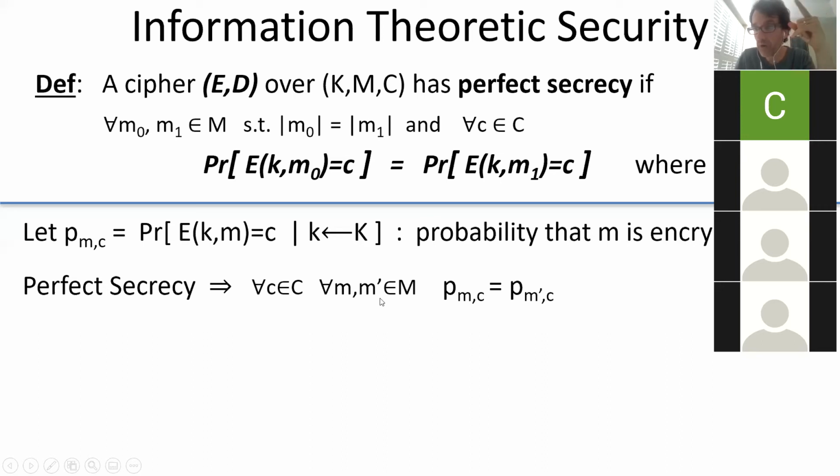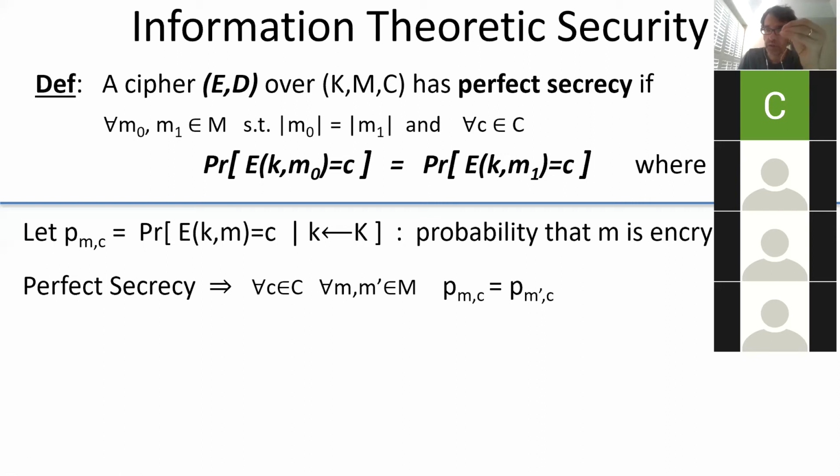So that means that if you have a game where an encryptor has some message and gets a key and encrypts it, if he starts with M, the distribution of ciphertext that you see is a PMC function. If he starts with M prime, it's a PM prime C function, PM2C, PM3C, etc. But they're all the same.